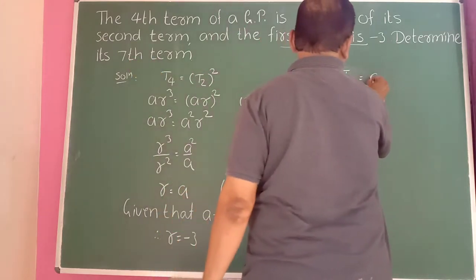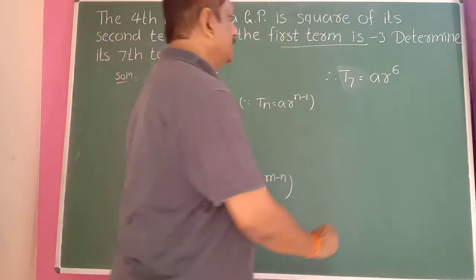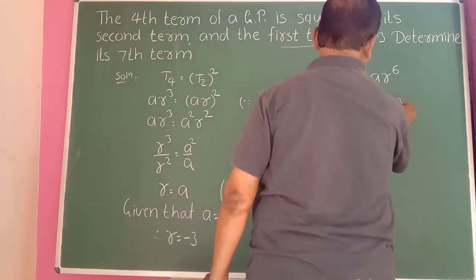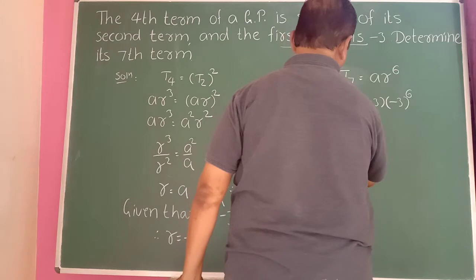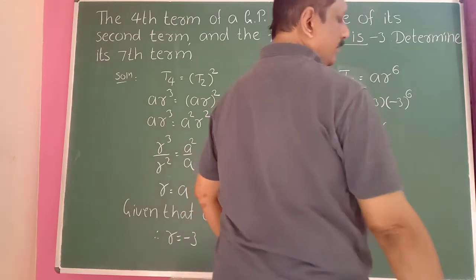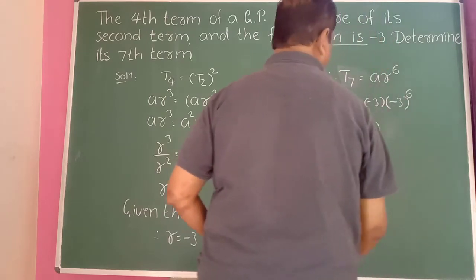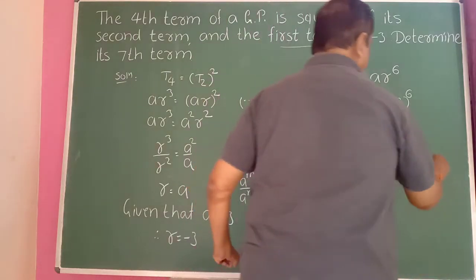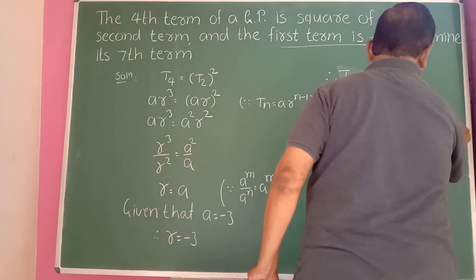T7 is equal to ar raised to 6. Using this formula, the a value is minus 3 and the r value is also minus 3. So minus 3 into minus 3 raised to 6 becomes minus 3 raised to 7, because the bases are the same. If the bases are same, then a raised to m into a raised to n is a raised to m plus n.